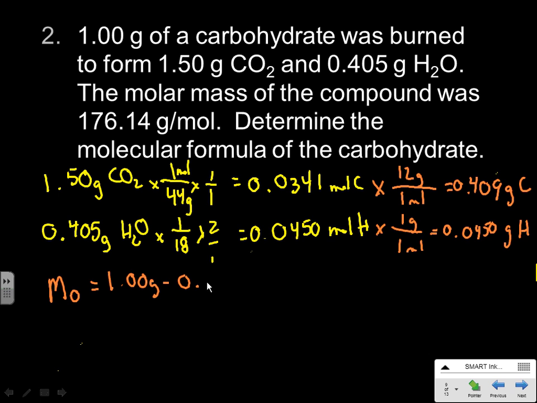I'll do them as separate numbers: 409 minus 0.0450. I'm subtracting them both off. I didn't make a formula for that little line, but I hope we understand what I've done here. I'm taking the total, subtracting the mass of the carbon and the mass of the hydrogen, and the mass of the oxygen must be the only thing that's left in that substance.